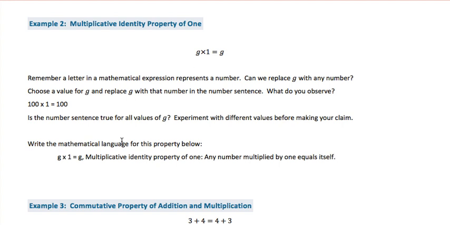Identity, the word identity means staying the same.